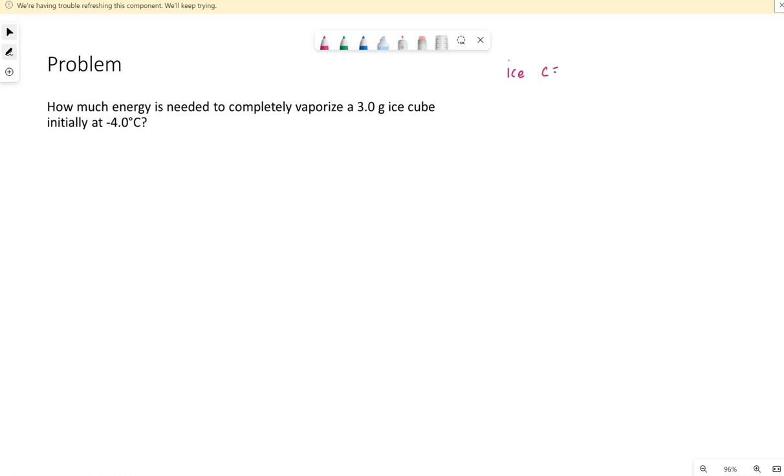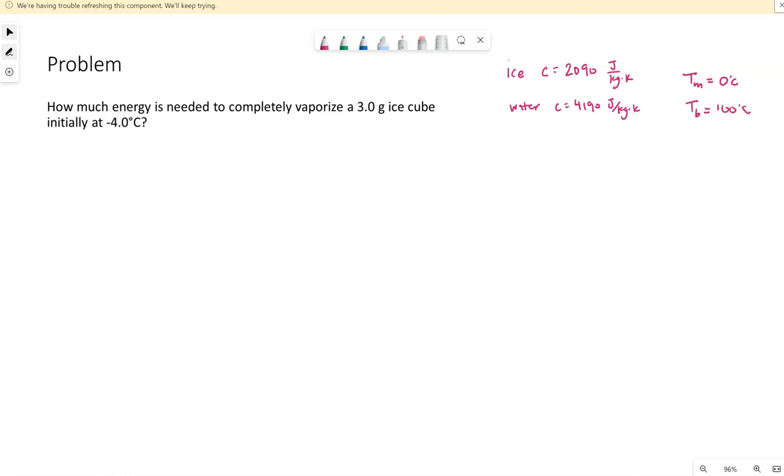So C of ice, 2090 joules per kilogram Kelvin. C of water, 4190 joules per kilogram Kelvin. The melting temperature of ice or water, H2O, 0 degrees Celsius.